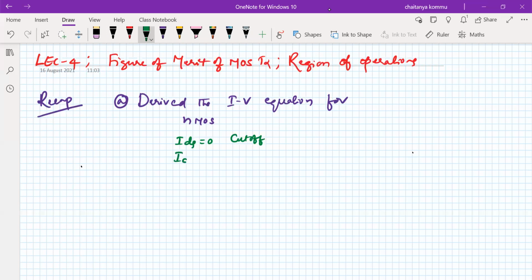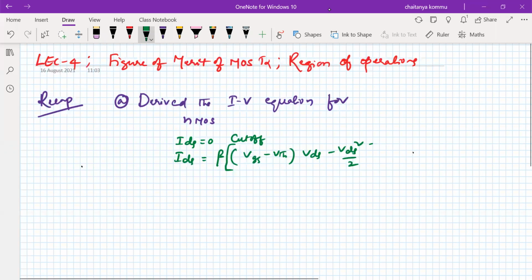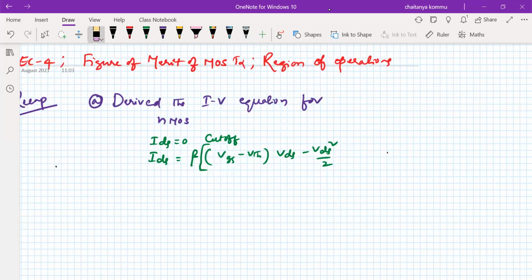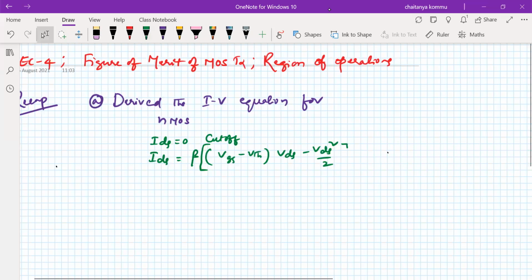And IDS value is equal to, for example, beta times (VGS minus VTH) into VDS minus VDS squared divided by 2, that we have derived previously. So it is actually in the linear mode of operation.